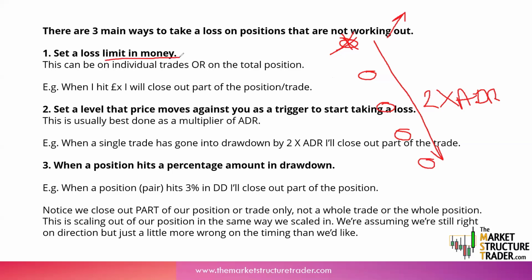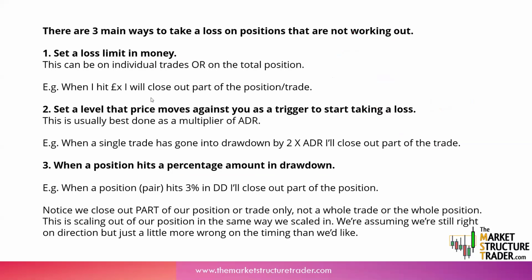So it's either by money or by movement, or by percentage amount in drawdown. Okay, so when a position or a pair hits 3% in drawdown, I will close out part of that position. Yeah, so the same scenario, we've got multiple trades on.